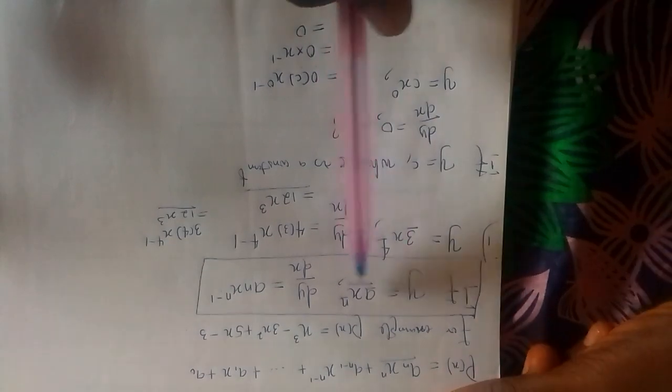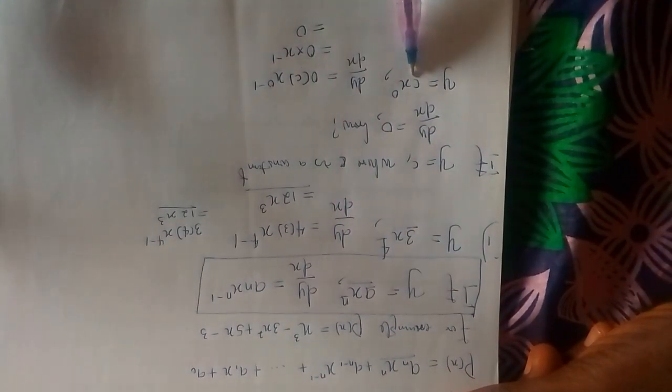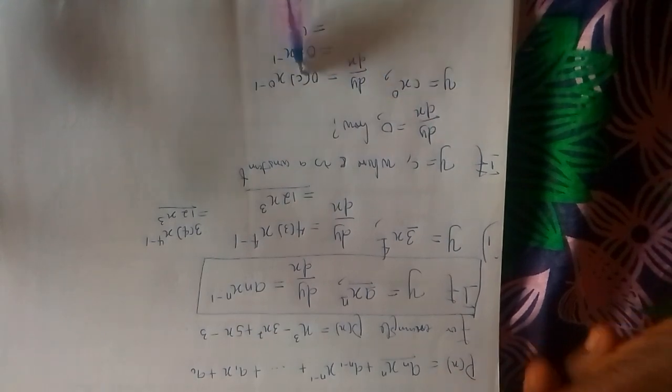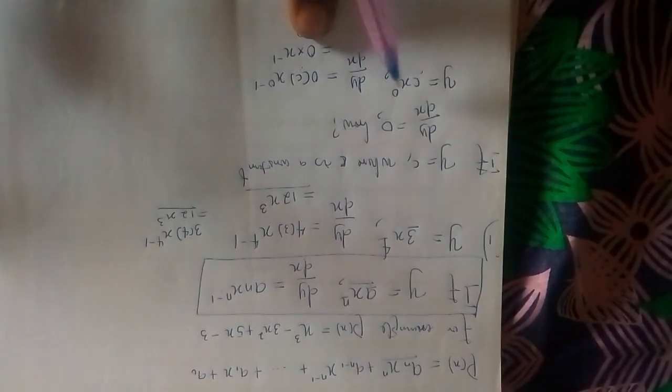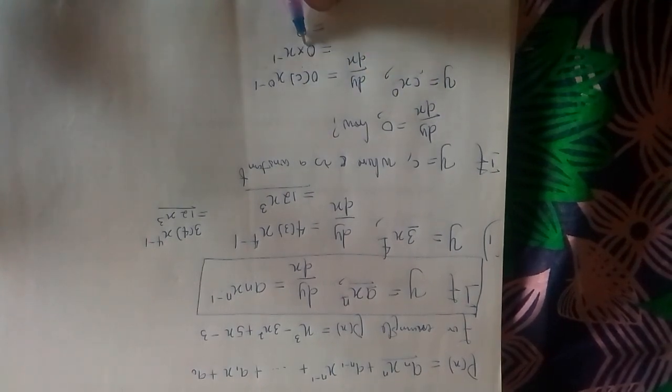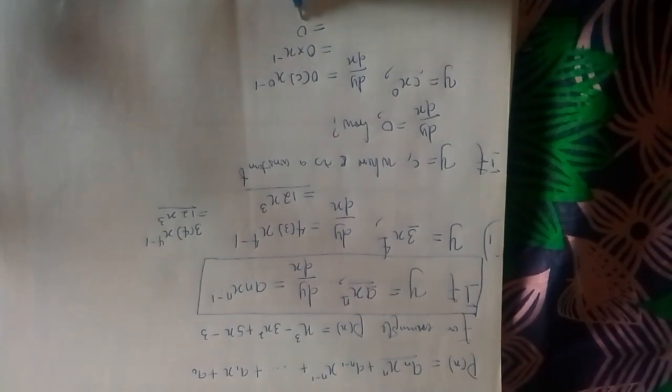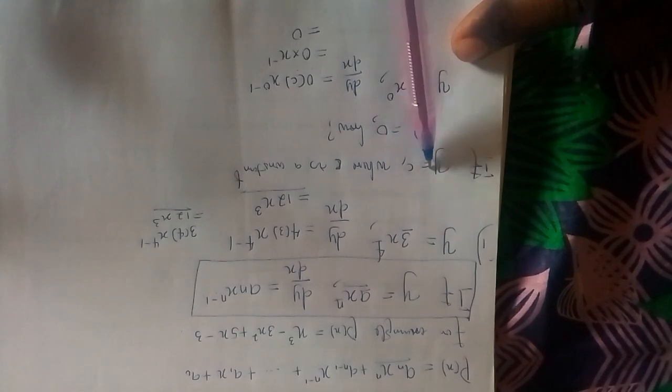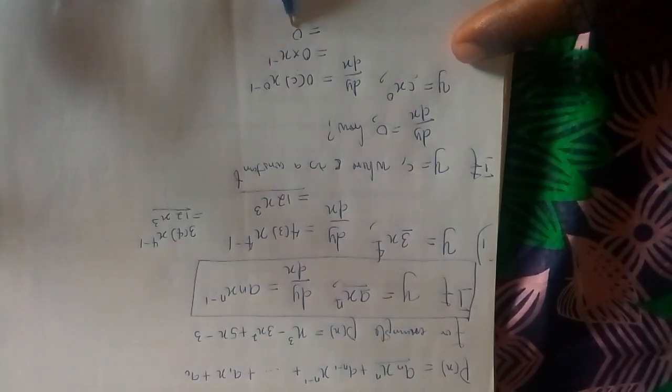Using this rule, since we have c x raised to the power 0, this is going to be 0 times c, x to the power 0 minus 1. This is our a, while this one is n. 0 times c gives us 0, and 0 minus 1 gives us minus 1, but 0 times anything is going to give us 0. And that is why the derivative of a constant is equal to 0.